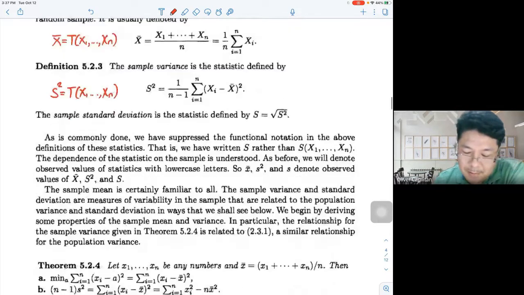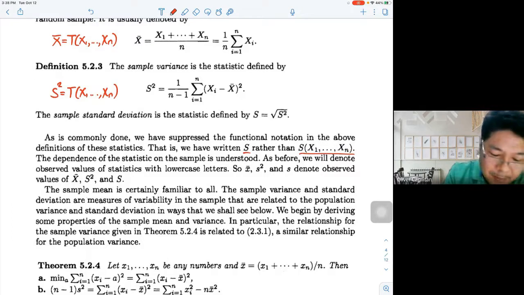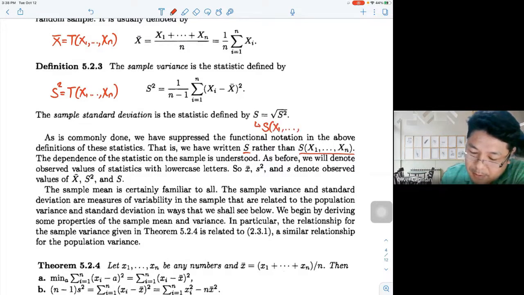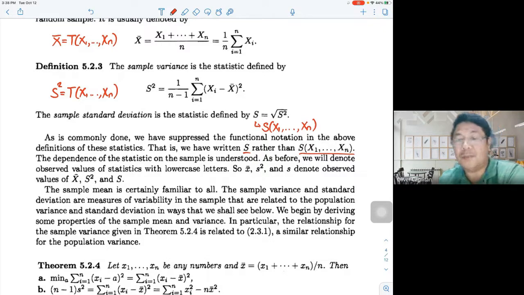So what this says is that we actually suppress the functional notation in the above definition. For S, it could be either S or S of X1, dot, dot, dot, up to X sub n. So we just omit this expression of our random variables.